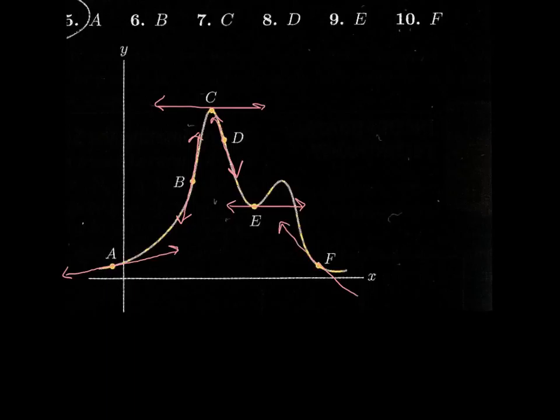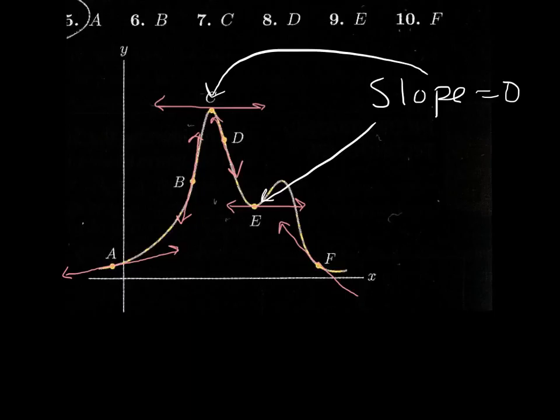And so let's go ahead and look at these. For C and E, it's clear we have a slope of 0, so we can go ahead and label that. For E and C. For A and B, we both have positive slopes, but A is a small positive slope, while B is a steep or large positive slope.